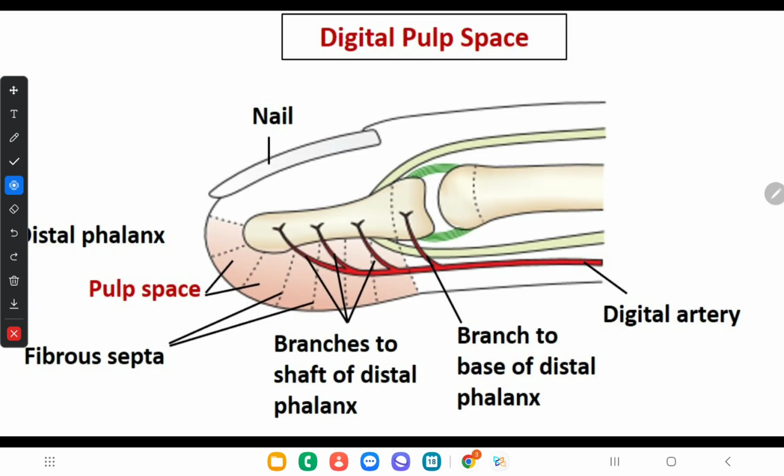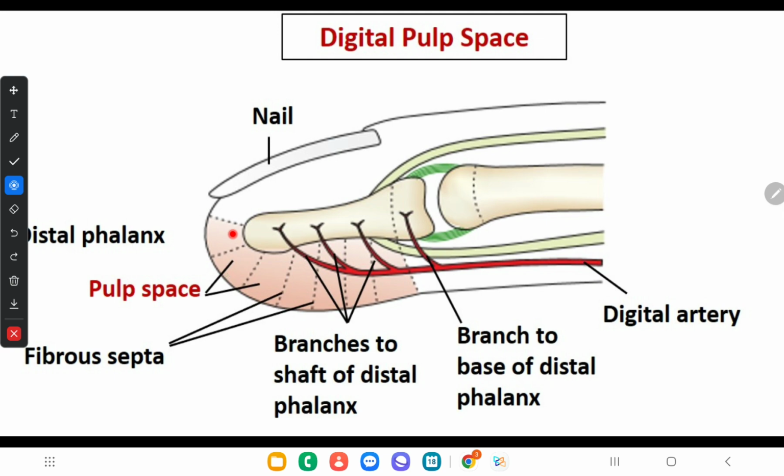First, I am going to explain the digital pulp spaces. You can see this is the distal phalanx. There are several fibrous septae. These are the fibrous septae which extend from the skin to the periosteum of the bone. These fibrous septae separate pulp spaces, and each pulp space is filled with subcutaneous fat.